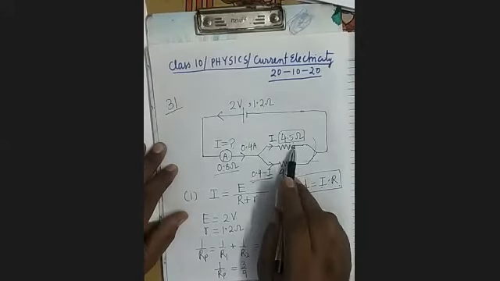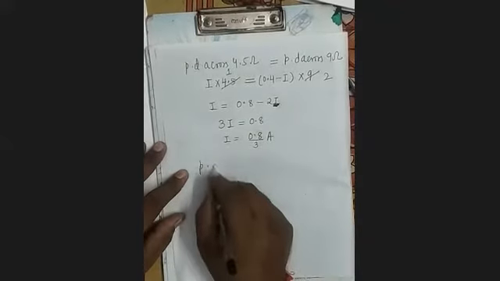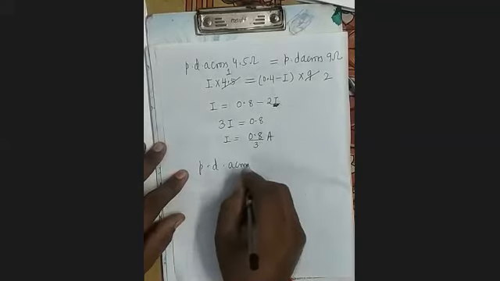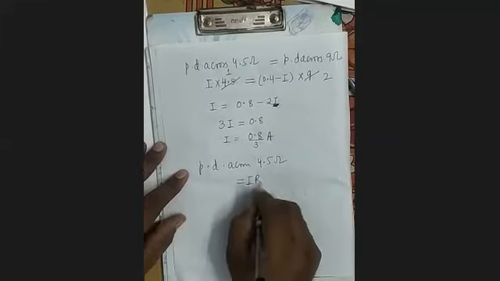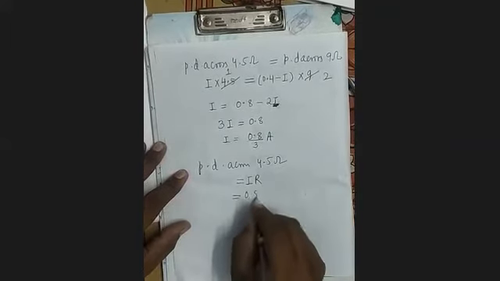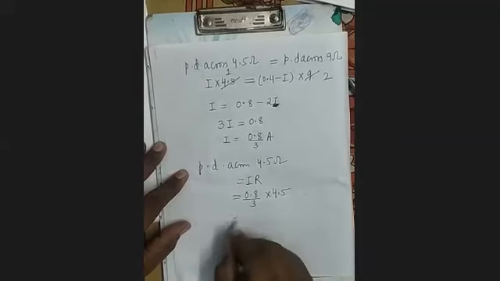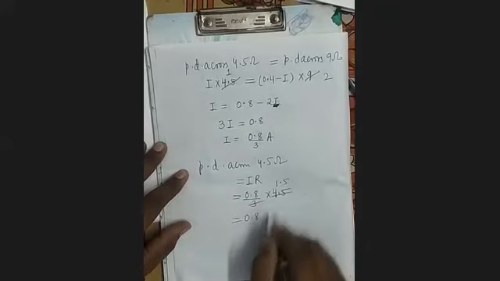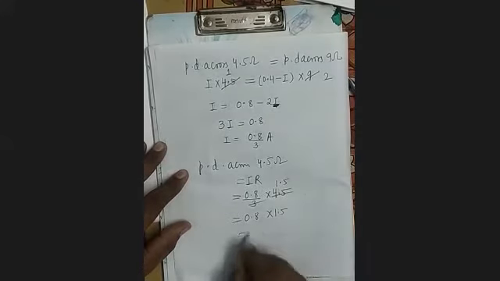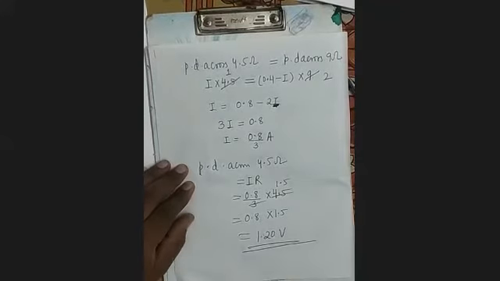Potential difference will be current multiplied by resistance. Therefore, potential difference across 4.5 ohm is 0.8 upon 3 into 4.5. That is 0.8 into 1.5. मतलब 1.20 volt. This is clear?